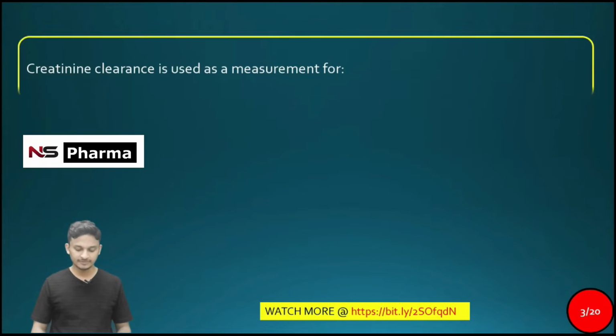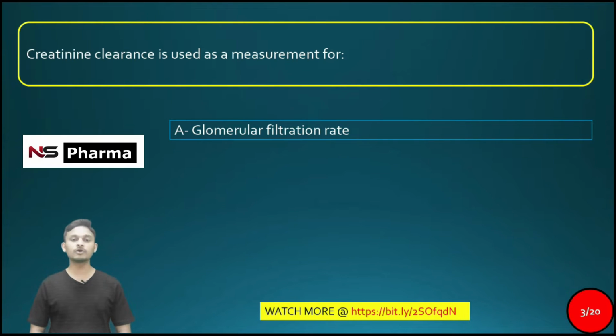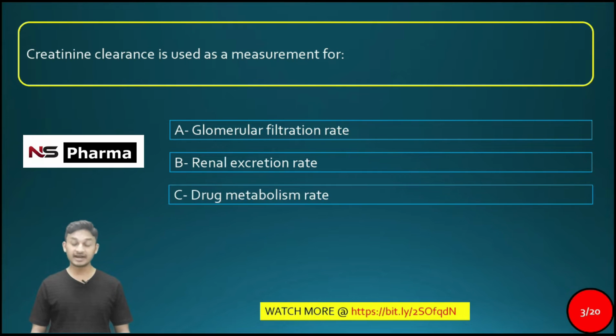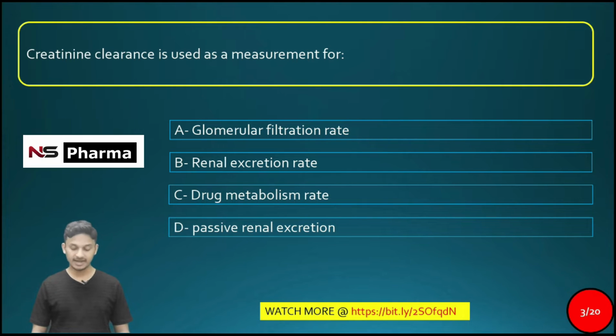Question number 3. Creatinine clearance is used as a measurement for. Options are option A, glomerular filtration rate, option B, renal excretion rate, option C, drug metabolism rate, option D, passive renal excretion.